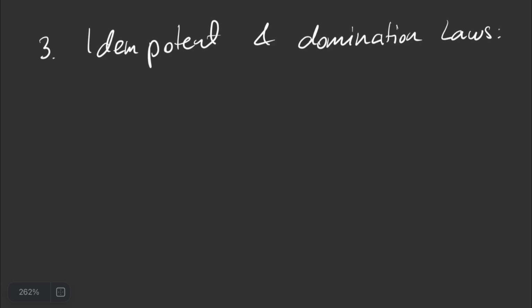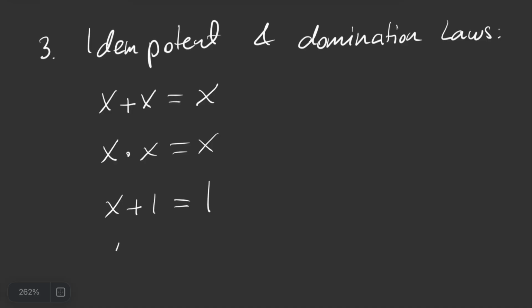So, x or x is going to equal x. X and x is going to equal x. X or 1 is going to equal 1. X and 0 is going to equal 0. Okay?